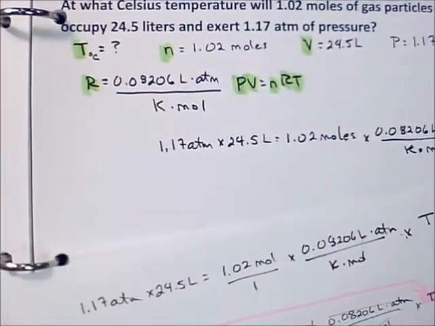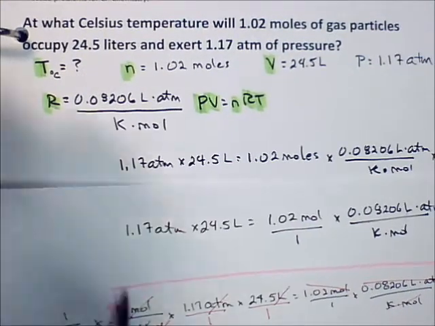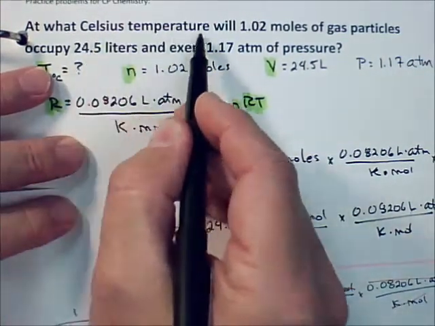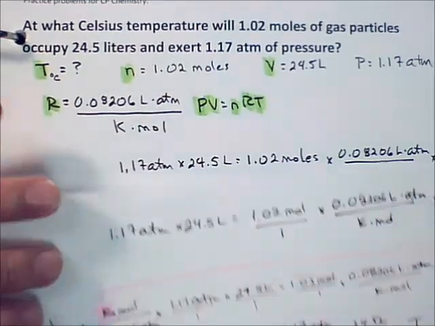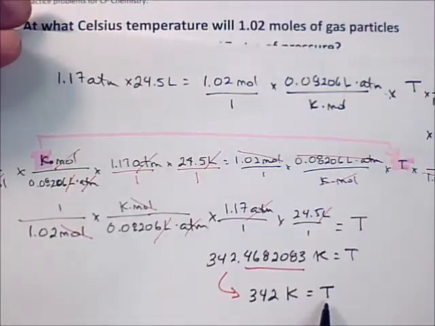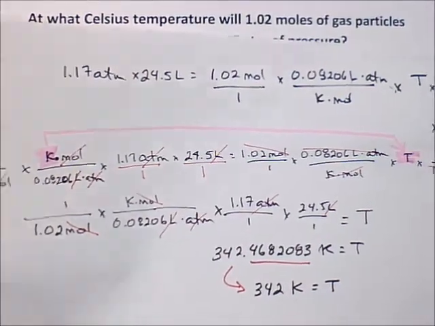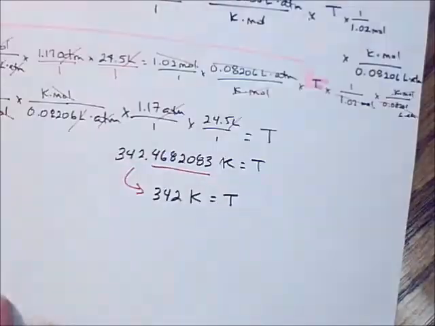We've got to be careful here. You always need to go back and read the problem. Make sure you're giving the answer you're looking for. And the question says, what Celsius temperature? Well, this is not temperature in Celsius. It's temperature in Kelvin.